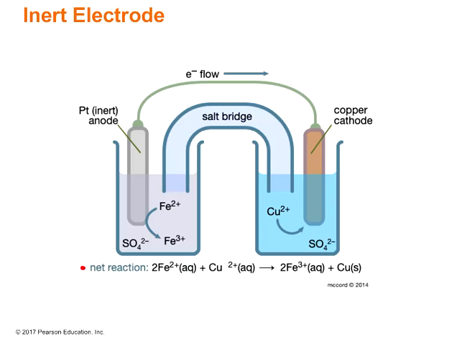Iron 2+ is becoming iron 3+, so it's being converted into a different charged state. And then copper 2+ is being converted into pure copper. So on one side, we will use just regular old copper as our electrode, and it's the cathode.